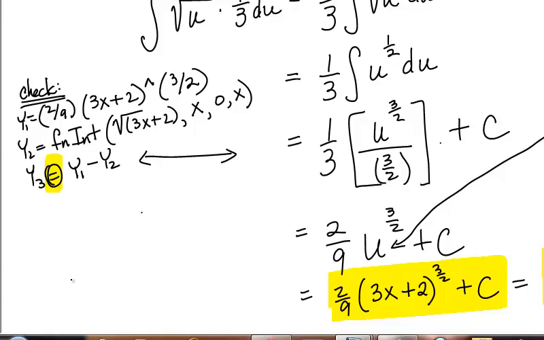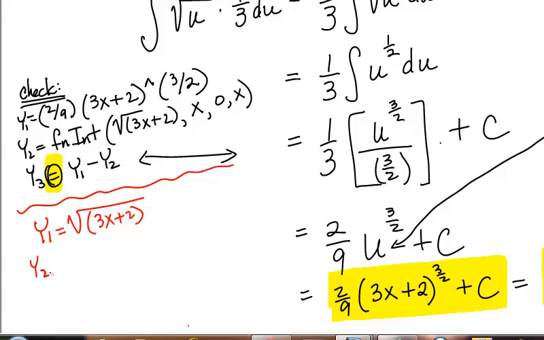Remember, on some of them with the square roots, it started at 0 and went to the right, because square roots of negatives are imaginaries. Now, some of you may not like that method. If you don't like that method, this is the second way to check. In y sub 1, I could put in the original, the square root of 3x plus 2.